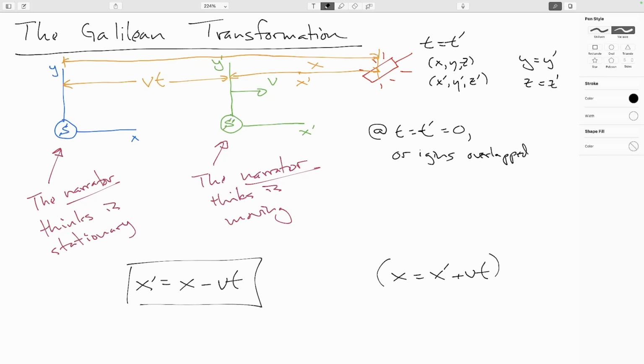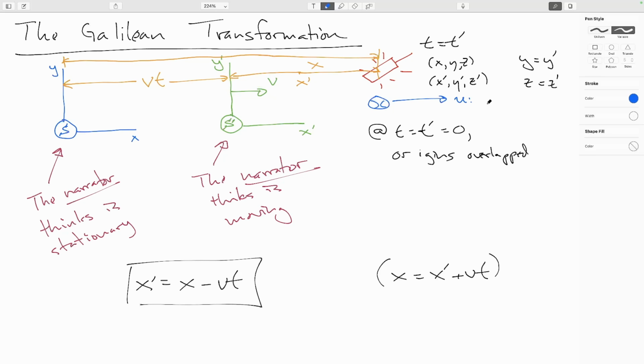Now, let's say instead of us having a firecracker going off, both of our observers are looking at a baseball. Our observer S will measure the velocity as u. Yes, I know normally we would write v, but in special relativity, we reserve v specifically for the velocity of s prime with respect to s.